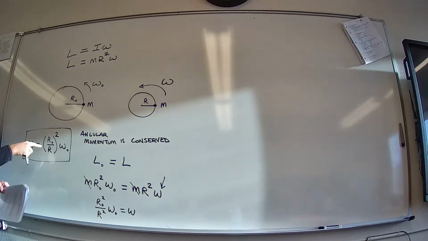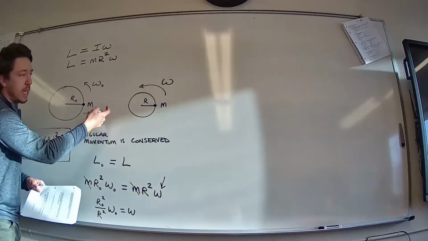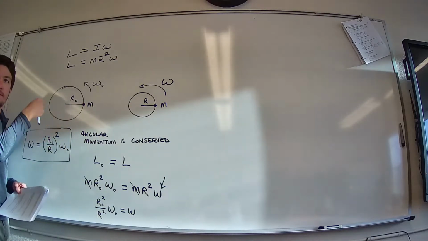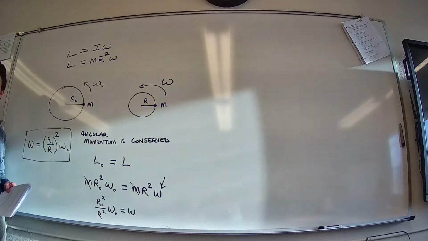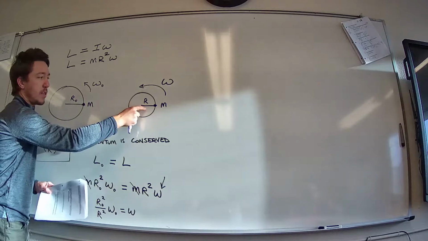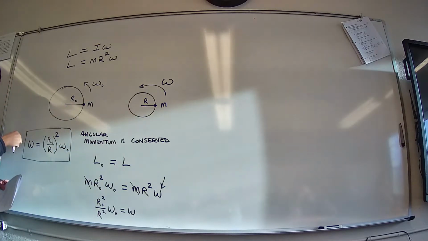It changes by the square of the ratio of the radii. Make sense? So if this was a 2 to 3 ratio, the omega would change by a 4 to 9 ratio. Said a different way, if this r was 2/3 as big as this r, then the new omega would be 9/4 as big. Make sense?